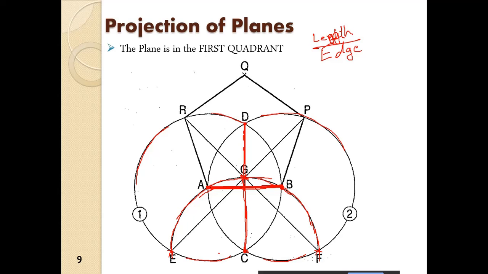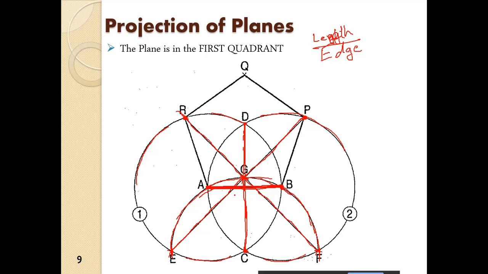Okay. So now you have got the point E. From E, you draw a line to G and extend it up to P. Again from F, you draw a line up to G and extend it up to R. Okay, so now you have got the points R and P. So A, B, R and P are obtained.